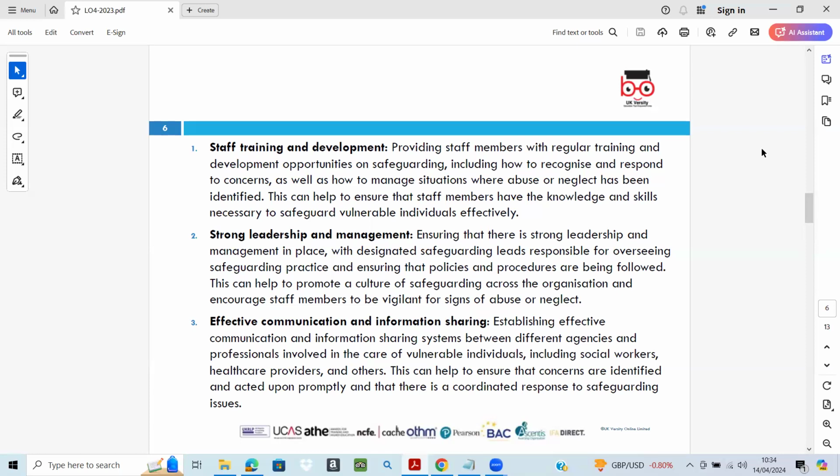Some of the students think that we are only a care worker at the moment, we are only a healthcare assistant, so we don't need to know about the managerial role or anything about leadership at the moment.